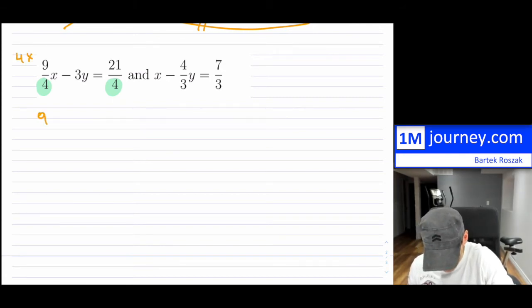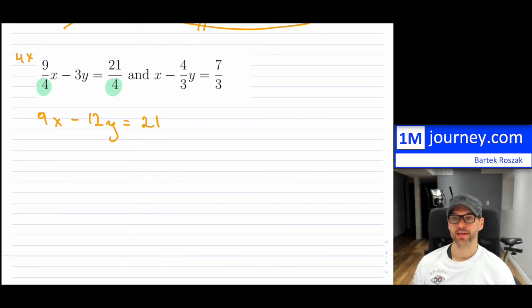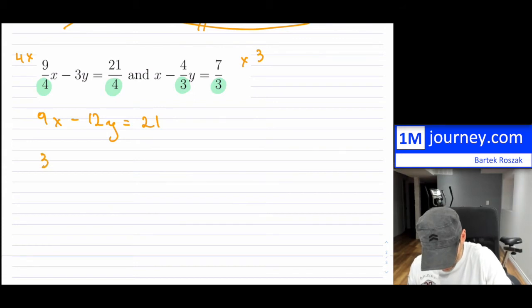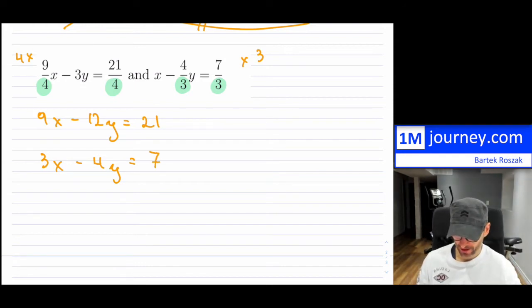That's going to give me 9x minus 12y is equal to 21. That's the first line multiplied by 4. The second line, I have the 3's, so I can multiply this by 3. That's going to give me 3x minus 4y equals 7.